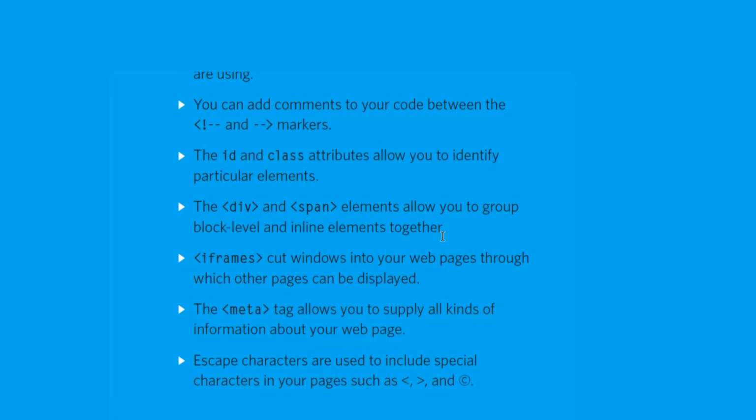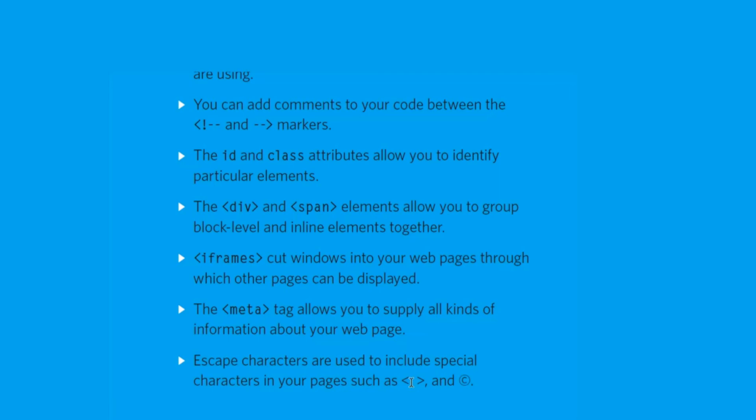Also, we have escape characters that are used to include special characters in your pages, such as the less than sign or greater than sign, the copyright sign. These are built in. For example, you can't actually use this angle bracket as it is, because it is reserved as an HTML special character.